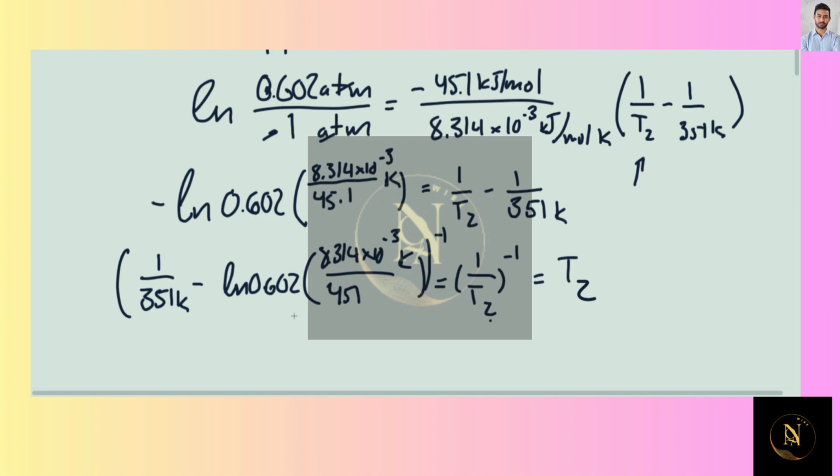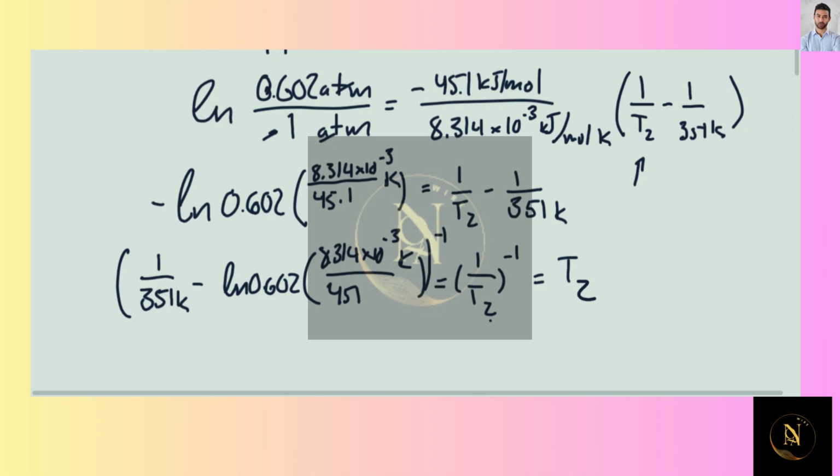Okay, so let's just start plugging this into a calculator. So we've got 1 over 351 minus the natural log of 0.602 times 8.314 e negative 3 divided by 45.1.